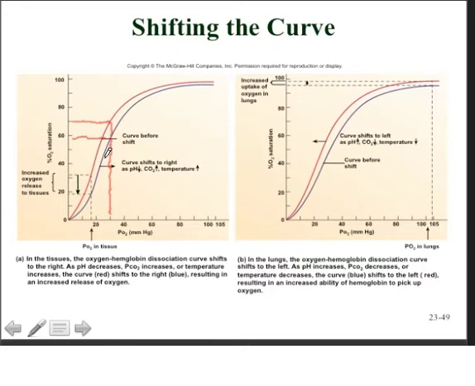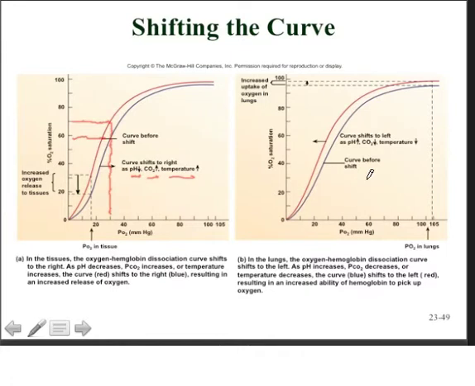So again, take-home message here: drop in pH, increase in CO2 concentration, increase in temperature, all going to shift that curve to the right. The curve shifts to the left as these conditions reverse.